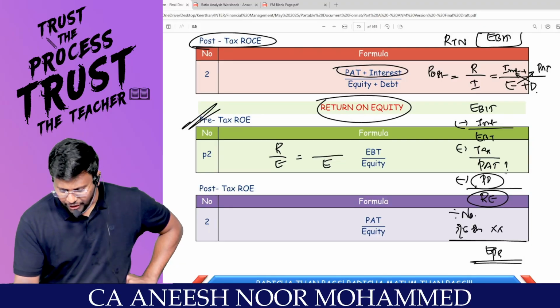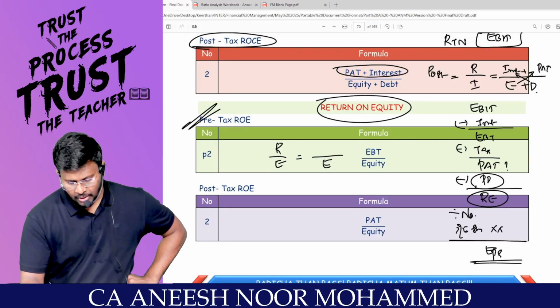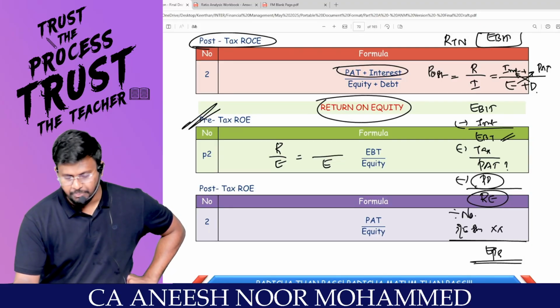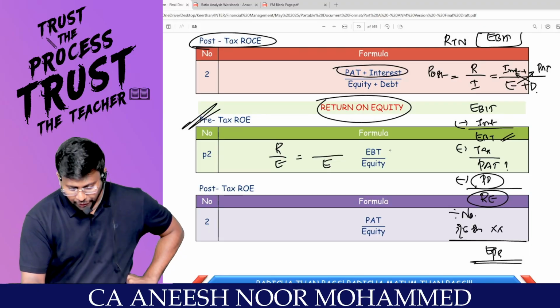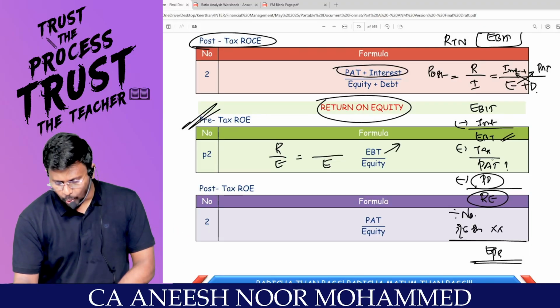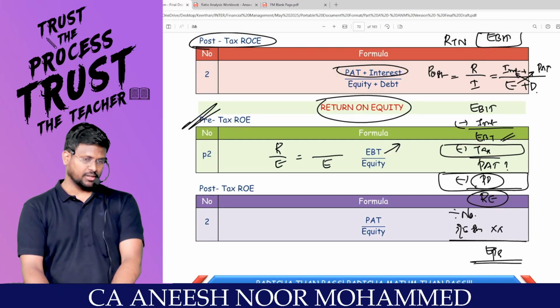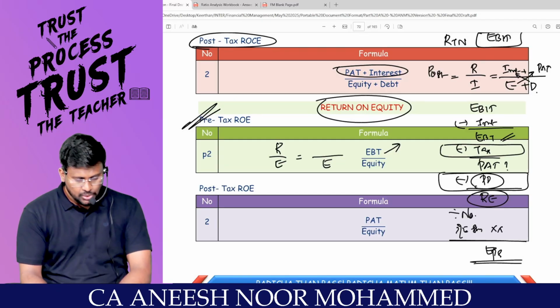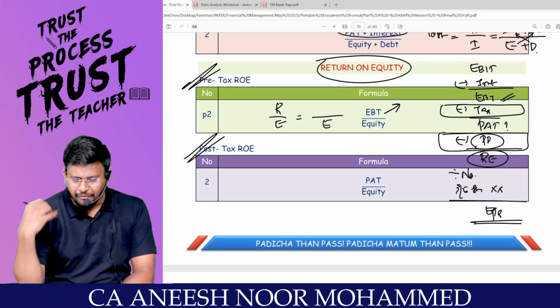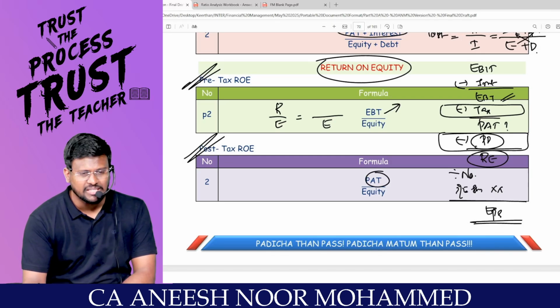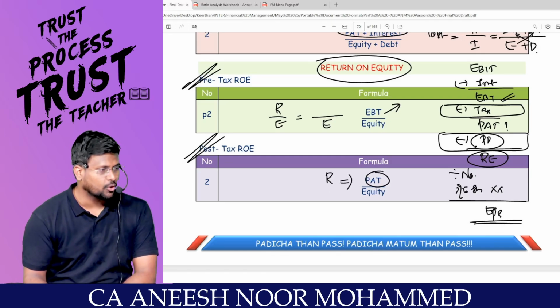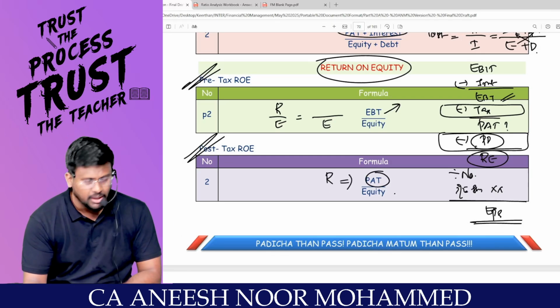Profit before tax, because from profit before tax, I am only paying tax, then preference dividend. So post-tax means after payment of tax. PAT is the return for equity shareholders after paying tax, divided by equity.